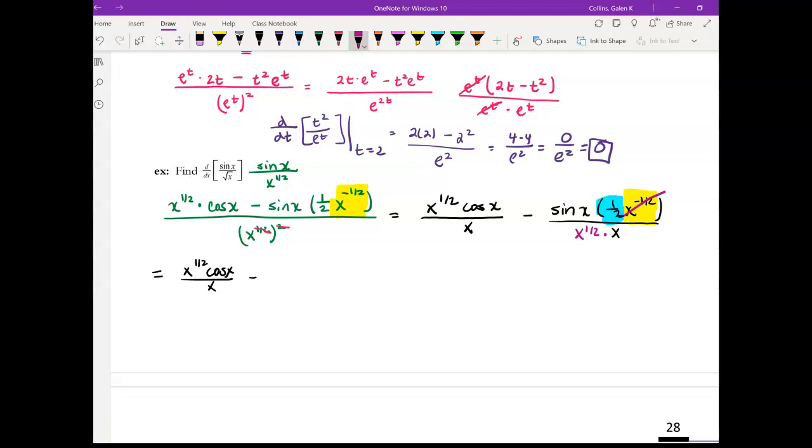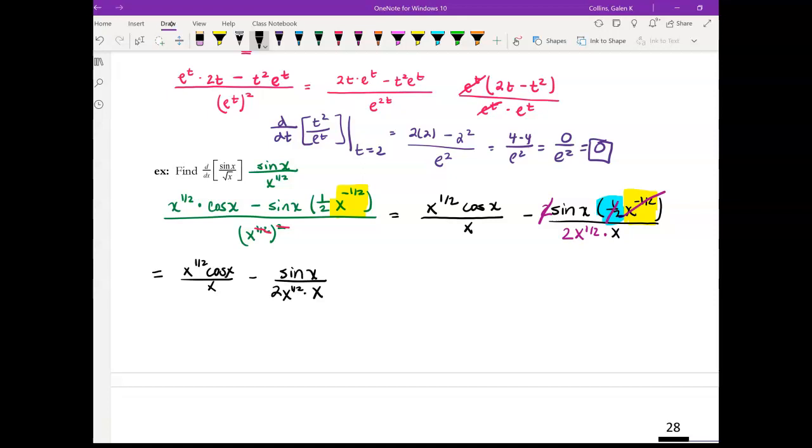And I could do that by multiplying the top and the bottom by the denominator. When I do that on top, the 2 and the 1/2 undo each other, and now we just have a 2 in our denominator. So going back to my rewrite, I'm going to go ahead and rewrite this as the sine of x in my numerator and 2x to the 1/2 power times x in my denominator.